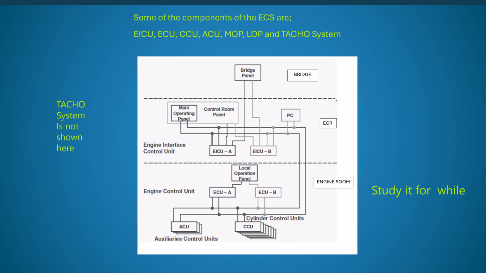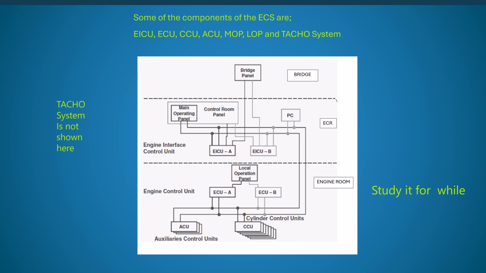ACU is the auxiliary control unit. As the name implies, the auxiliaries are controlled by the ACU. What are the auxiliaries? We have auxiliary blowers. Also, in this case, we have hydraulic pumps. There are two types, we'll talk more: engine driven and electrically driven, which are controlled by the auxiliary control unit.